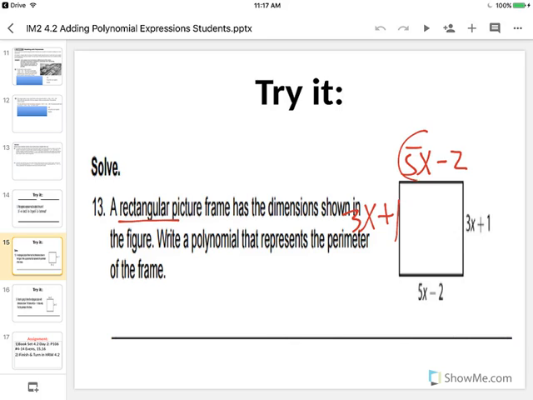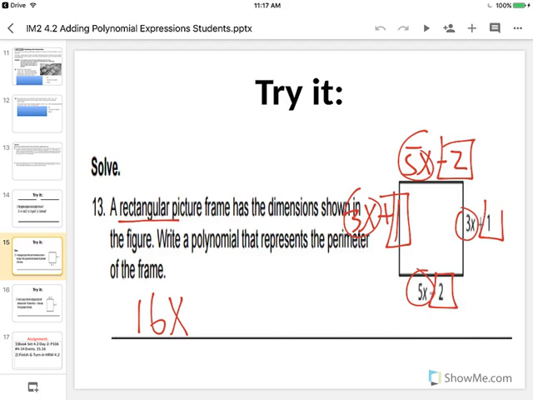First combine the x terms, which gives us 16x. Now combine the constant terms: negative 4 plus 2 gives us negative 2. Let P be the perimeter, so the perimeter is 16x minus 2.